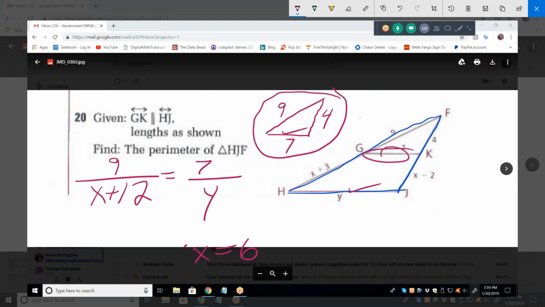The really easy mistake to make here is to say 9/x plus 3, because it almost looks like you should be able to do that. 9 is to x plus 3 as 7 is to y. But it isn't. 9 is to the full side, which is x plus 12. So don't fall into that trap.